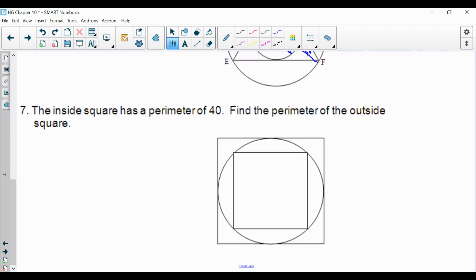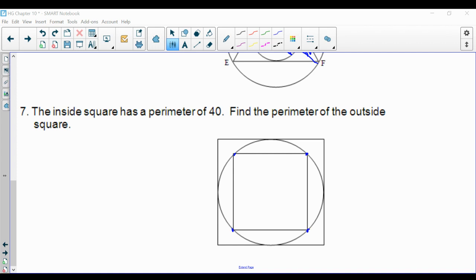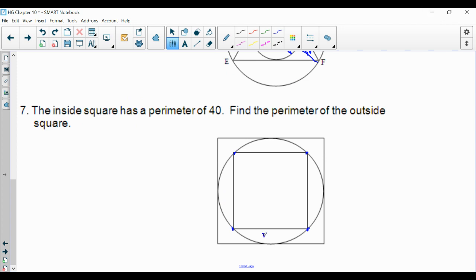All right, last one. The inside square has a perimeter of 40. Find the perimeter of the outside square. So I know the picture's kind of off a little bit, but these are on the circle. It just wasn't super nicely copied over. So we know that each side is 10 because it's got a perimeter of 40. So let's go to the center.